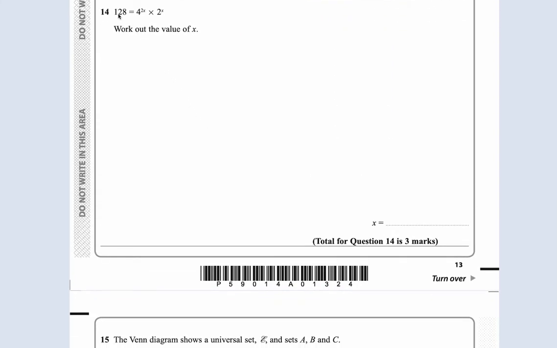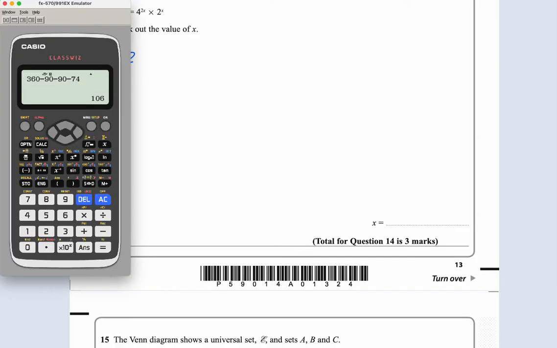Okay, question 14. Work out the value of x. Okay, this, guys, looks extremely difficult, but if you can see that this is all about 2's, base 2's. So 128 is actually 2 to the power of what?